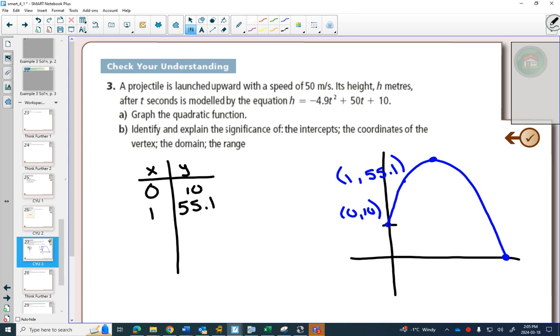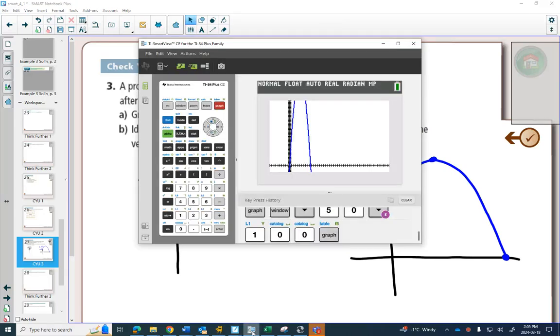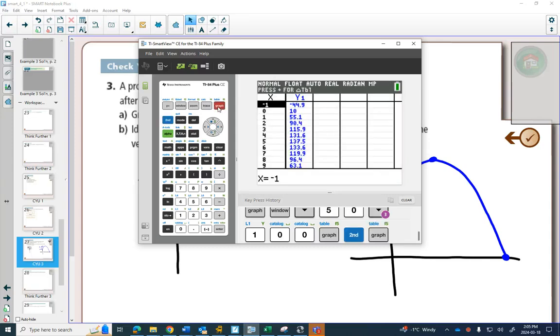And then I was like, this looks like it's going to be tedious because of the decimals. And I didn't want to do any more mental math after that one. Another nice thing about your graphing calculator is that above the graph button it says table. If you go to that table, it's done it for you.